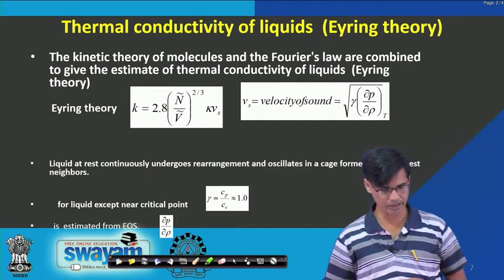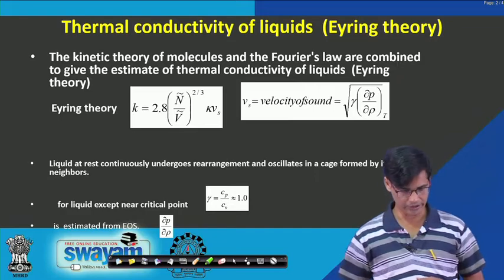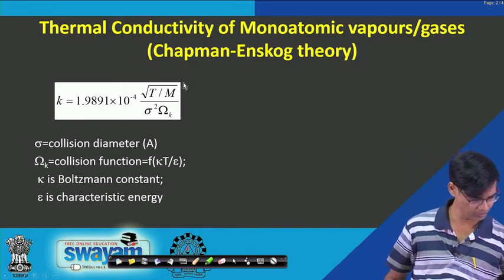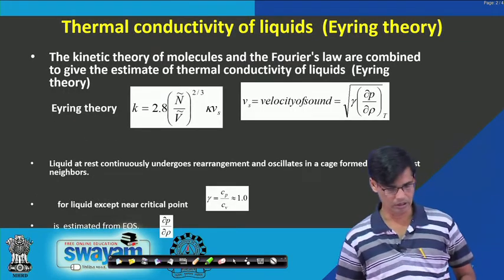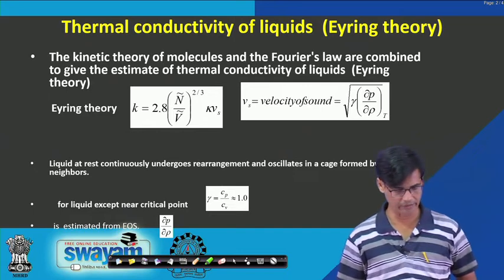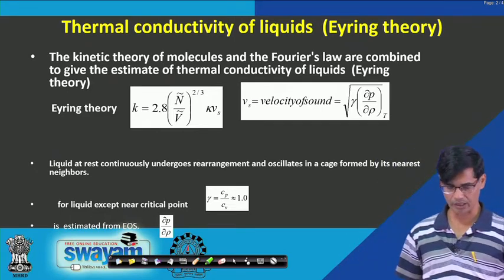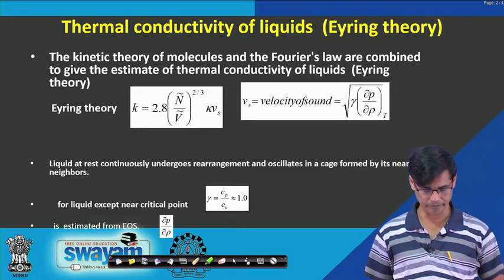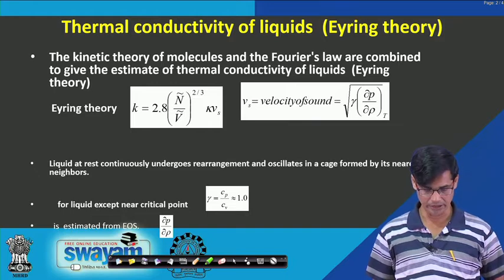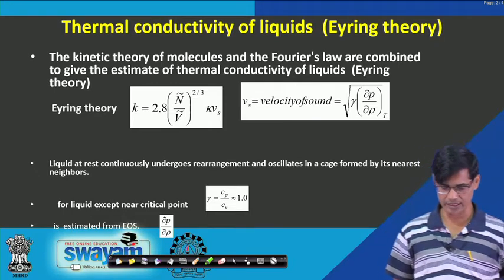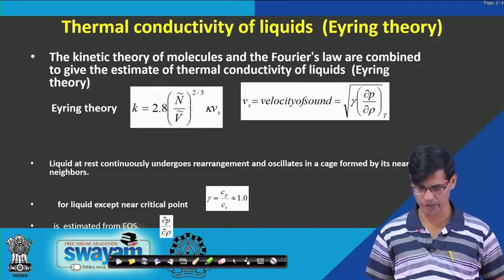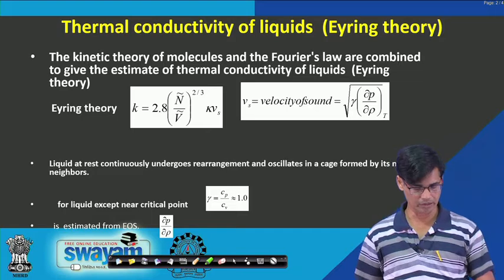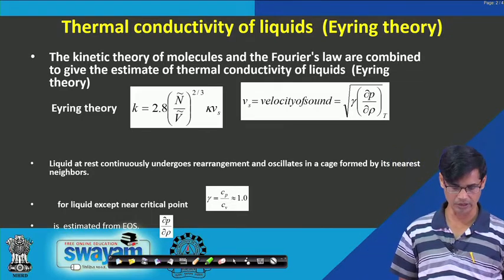Here, as you see, N bar is basically the number of molecules per mole, and V bar is the volume per mole, and Vs is the sound velocity, and by this combination we can find the thermal conductivity of liquid.